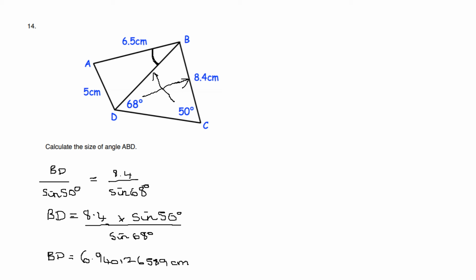Now I'm going to use the rearranged form of the cosine rule that we found in the previous slide. So if you want to go back and have a look at that, that's absolutely fine.